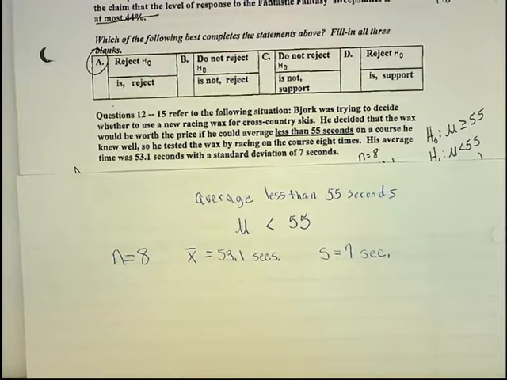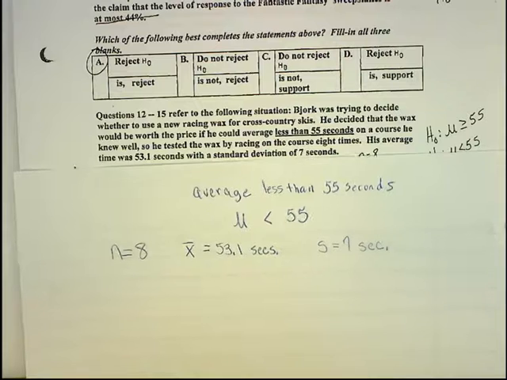So that's S, because with that sample of 8 races, his average time was 53.1, and the standard deviation of that sample was 7 seconds. So that's S. Therefore, this is a t-test for the mean.